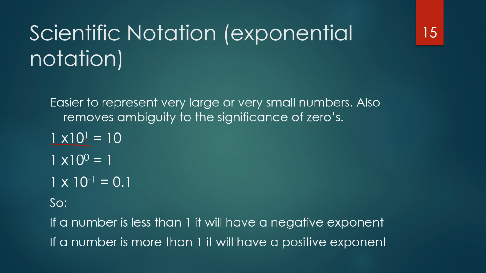If I were to write that in normal notation, I would get 10. I do this by moving the decimal point 1 to the right. And we'll go over those specific rules in a minute here. But what I wanted to point out was that if you have a positive exponent, like here, 10 to the positive 1, the normal notation version is always going to be greater than 1.